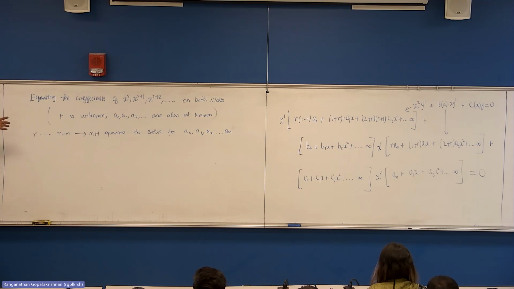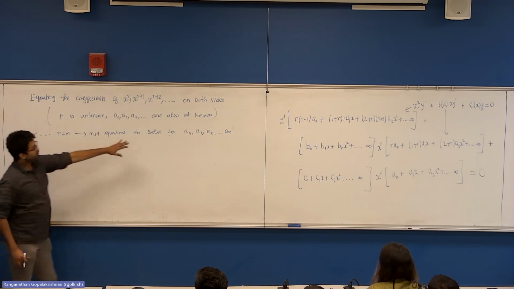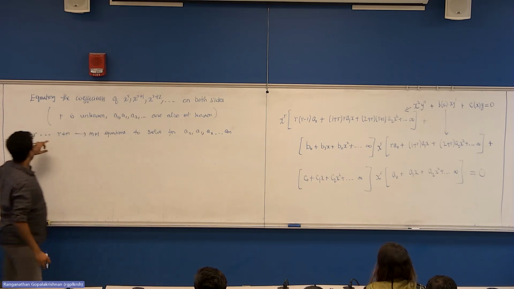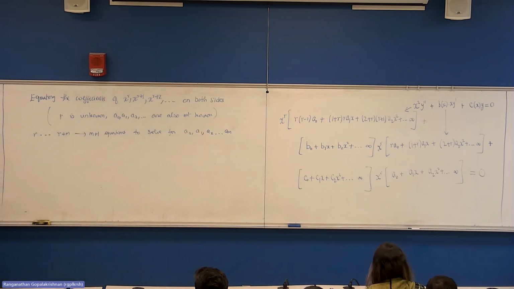Okay, it's an infinite series. There is no end to this. You have to stop somewhere. This will give you a0, a1 values or expressions, but r still remains unknown. Okay, that still hasn't been sorted yet.